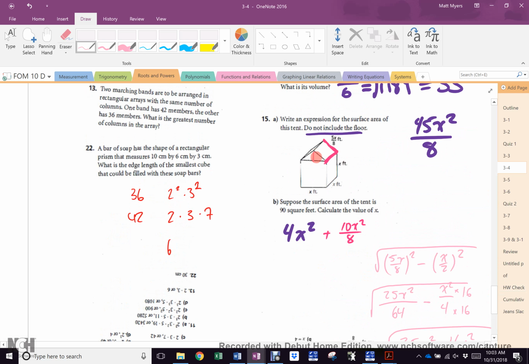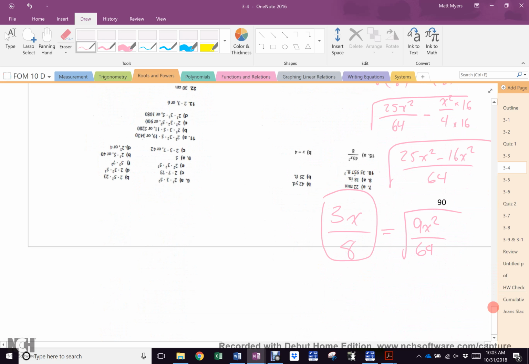And I still need the area here, don't I? How many of these pink triangles are there? 2, right? One in the front, one in the back, yeah? So if this is the height and the base was x, because across the bottom was x. I don't need the slant height. And there's 2 of them.